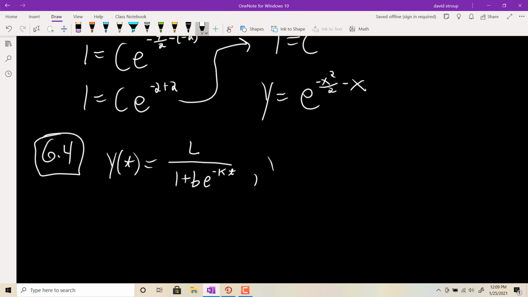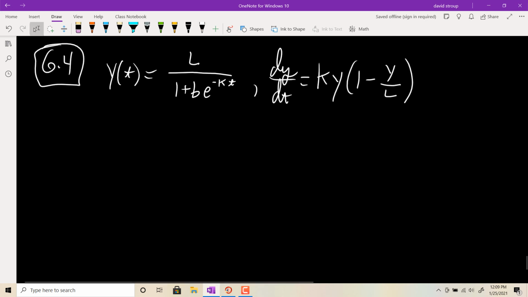And then the logistic differential equation, you kind of have to know too, I believe, is dy over dt equals k times y times 1 minus. So, I mean, the first part is just the exponential growth model. The rate of change of the population is proportional to the population. But with the logistic differential equation, they tack on this extra 1 minus y over L.